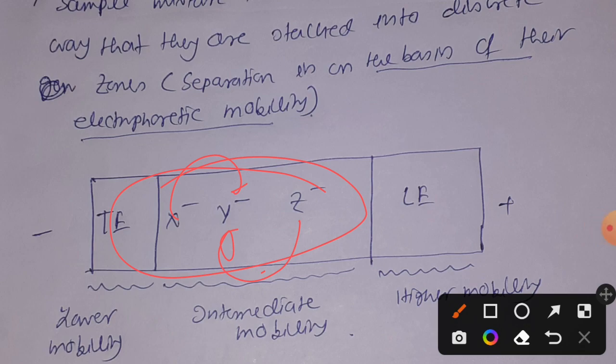in electrophoretic mobility, right? So suppose Y has higher electrophoretic mobility among X, Y, Z, then Y will follow the leading electrolyte. Then if X has higher electrophoretic mobility than Z, then X will follow Y, and at last Z, and then the trailing electrolyte.